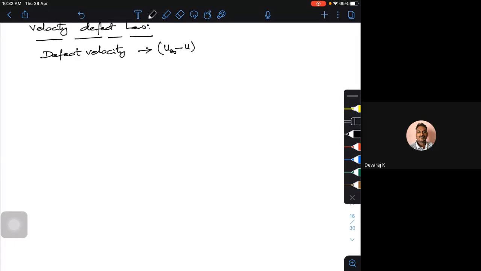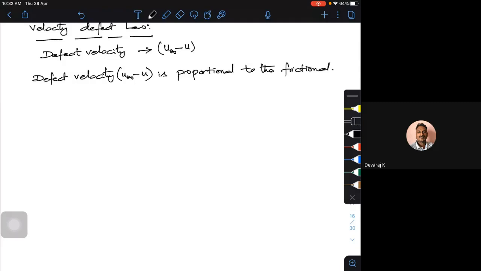So what does this velocity defect law tell actually? It tells that your defect velocity, that is u infinity minus u, is proportional to the frictional velocity, which I can call u tau, as a function of the profile given by eta.